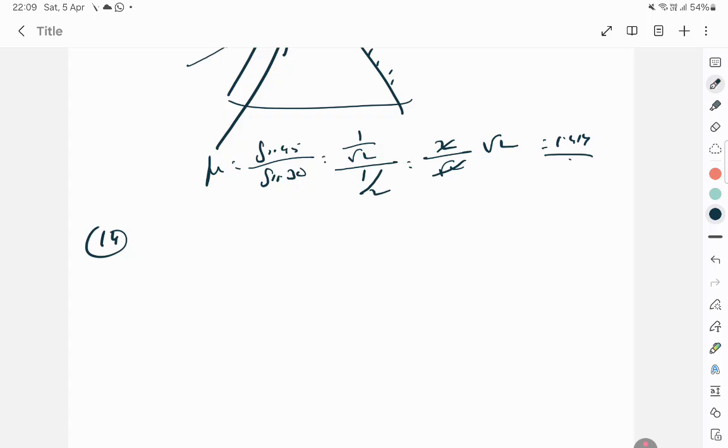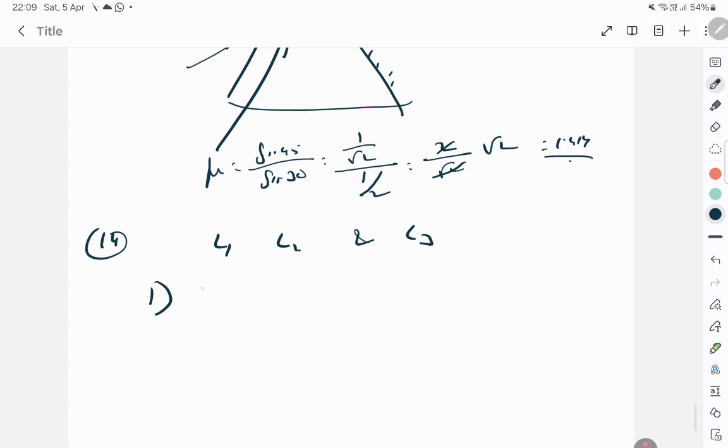You are given three lenses, lens 1, lens 2 and lens 3. Using the given data, state which two lenses you will prefer to construct the best possible microscope and the best possible telescope.